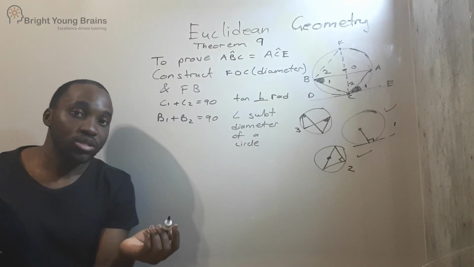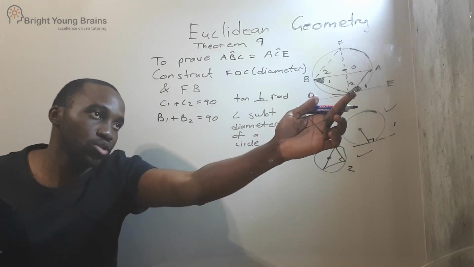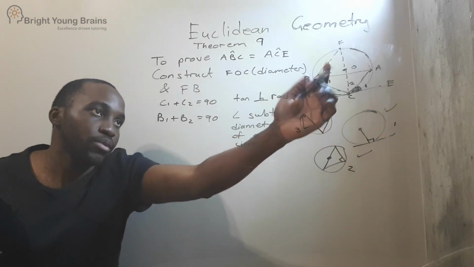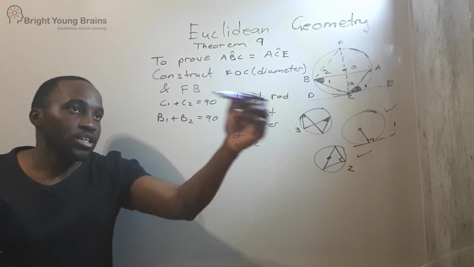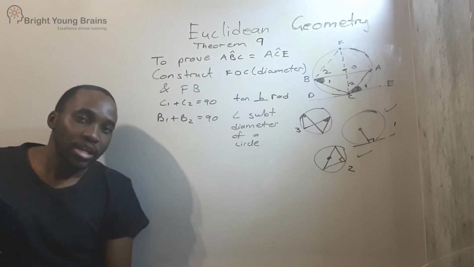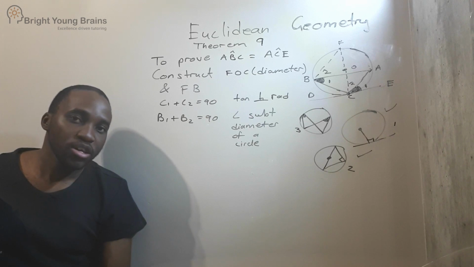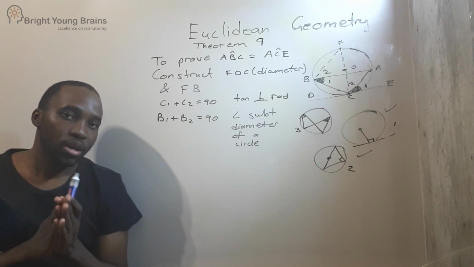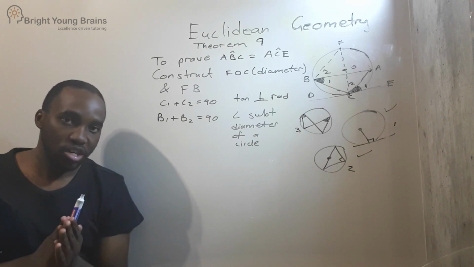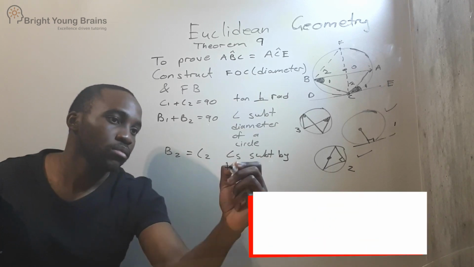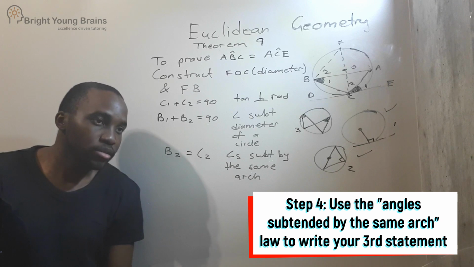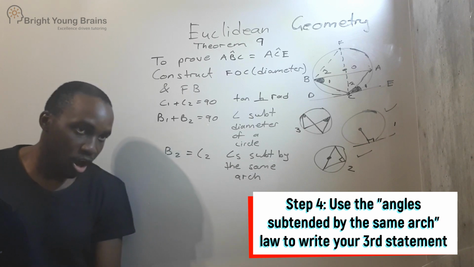So you're just going to state that B2 is equal to C2 because they are angles subtended by the same arc. And all that is thanks to your construction. That's why you want to remember that when you prove theorems, knowing what to construct is a big game changer. So let's just write that down quickly. There we go. Angles subtended by the same arc.